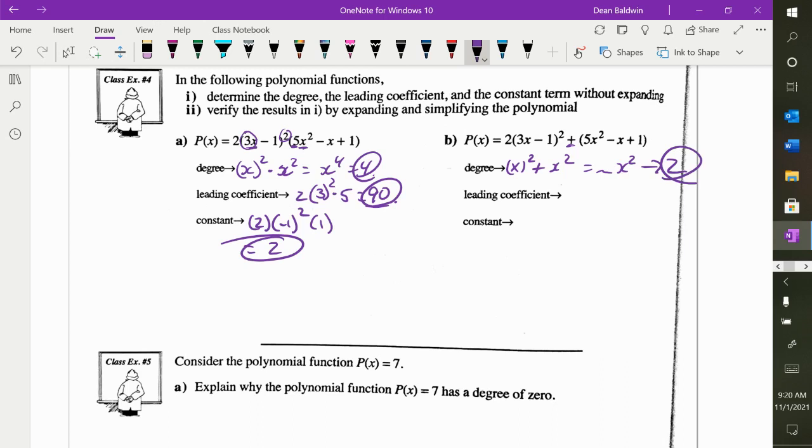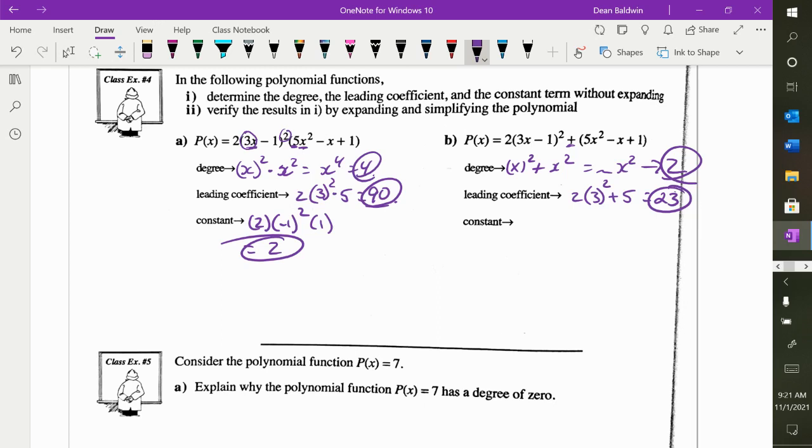What's the leading coefficient? 6? Nope. 23, because you're going to go 2 times this number squared plus the 5, which will give you 23.